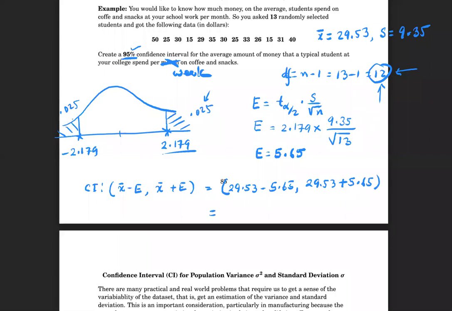That's going to give you 29.53 minus 5.65 is 23.88, comma, 29.53 plus 5.65, which is going to give you 35.18.